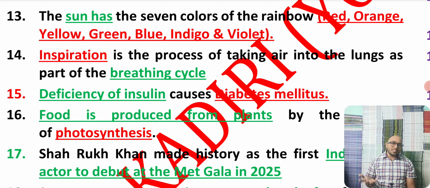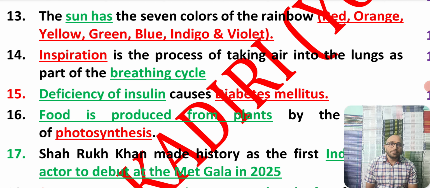When you have less production, obviously the sugar level in your body will increase. Once the sugar level increases, it is very difficult to heal any kind of wounds. So the insulin level should be normal. You have to take care of your pancreas.